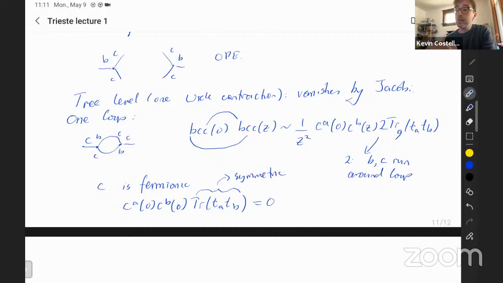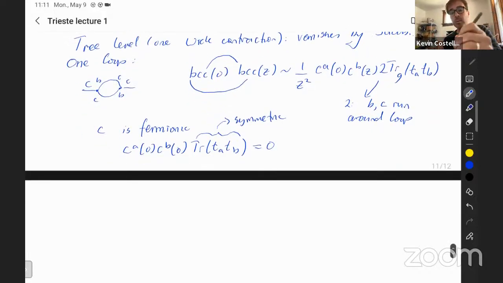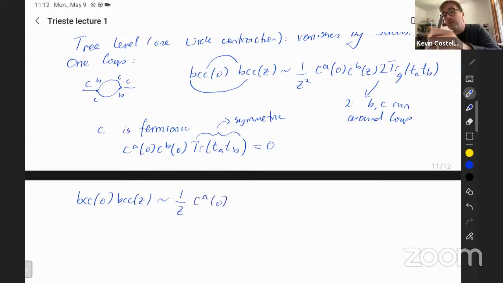So if we take the C^B(z) and expand in series, we find the first non-zero term looks like C^A(0) derivative C^B(0) trace T^A T^B.